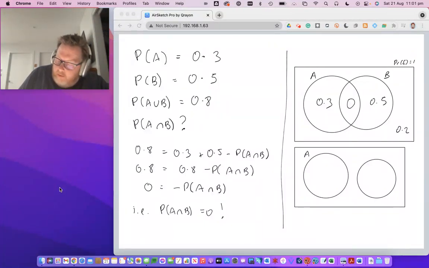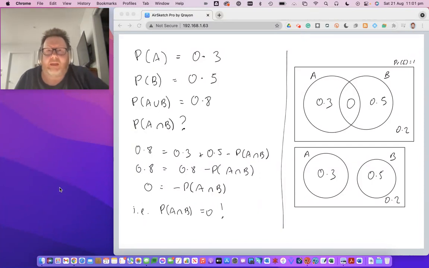So this is A, this is B, and there's a definite gap between them. 0.3, 0.5, and neither A nor B, 0.2, like so. So we've got two circles that are not intersecting. The probability of A intersect B is 0. The number of items in A intersect B is 0, so they're completely separate circles.